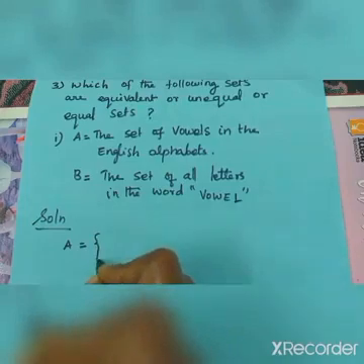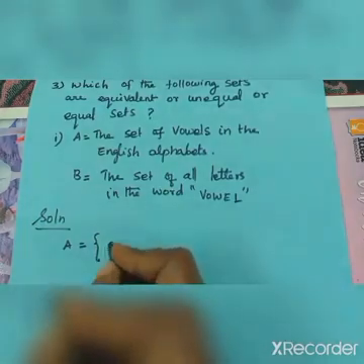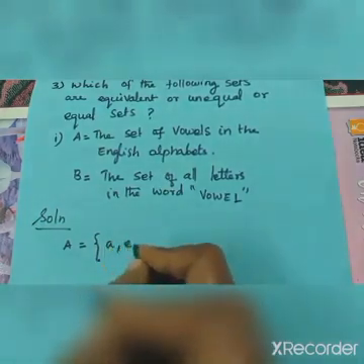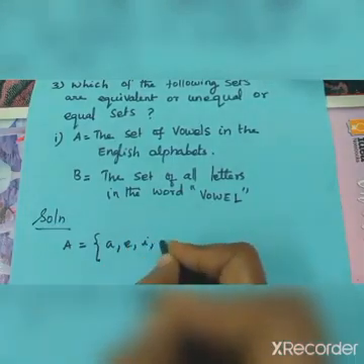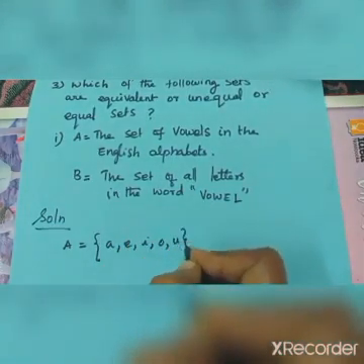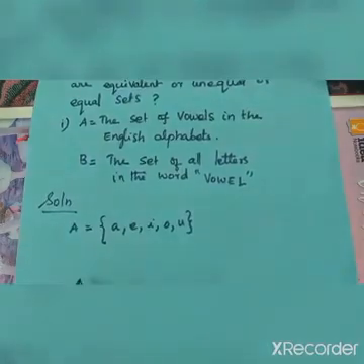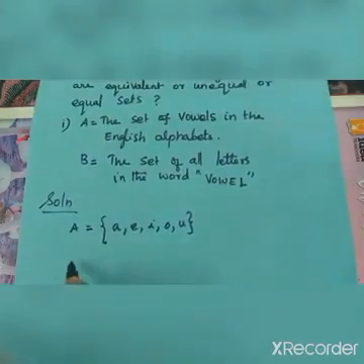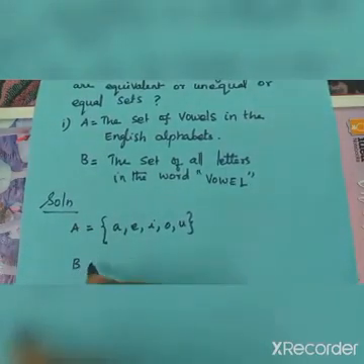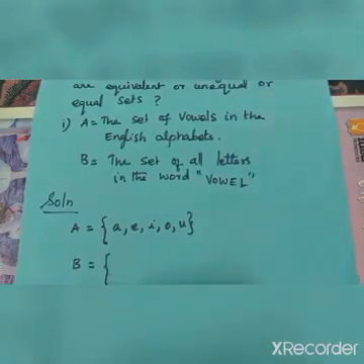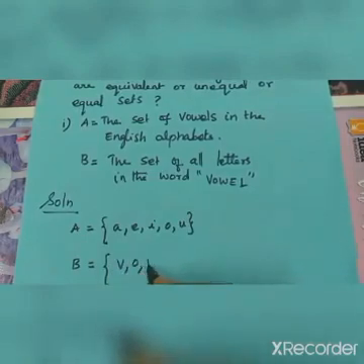Set mark, that is flower bracket or curly bracket: A, E, I, O, U are the vowels, isn't it? So that is set A. Then B is given, the set of all letters in the word vowel. So we have to write B is equal to {V, O, W, E, L}.